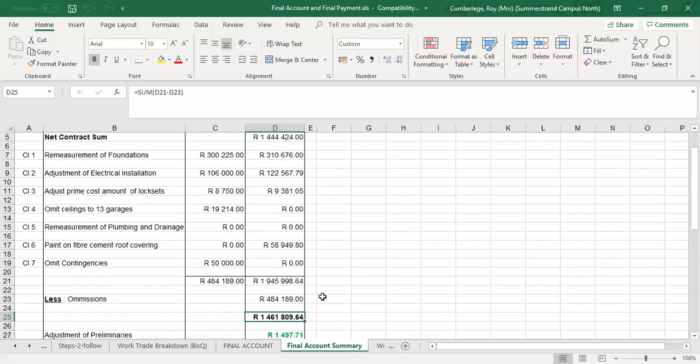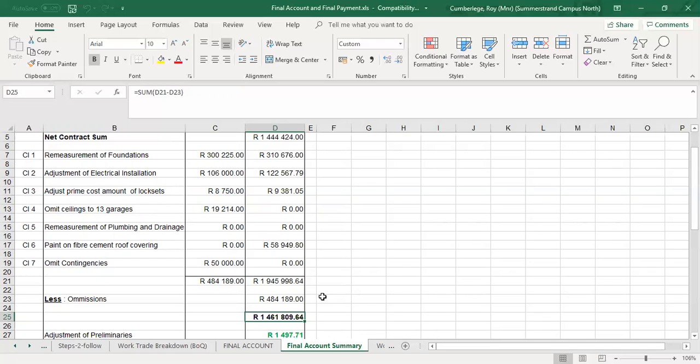Good. We will stop here with this part 1 of the discussion. So what we've discussed here is step 1, to divide your bill into the various work groups. Make sure that the work group totals add up to the actual price bill. In other words, it must add up to the actual tender figure, the contract sum.